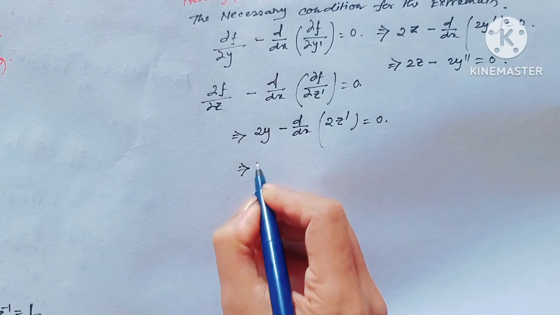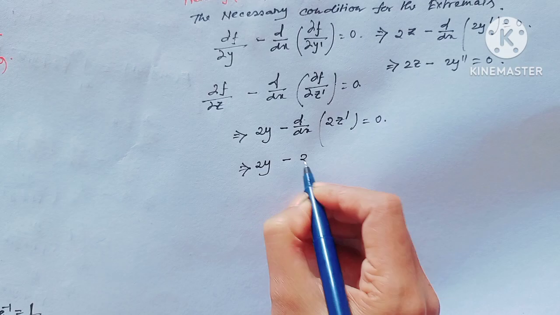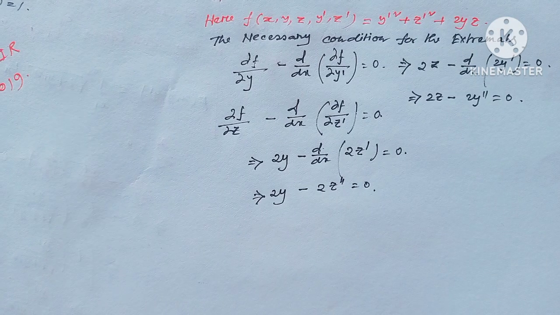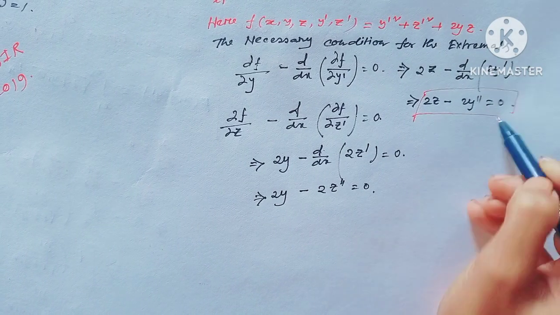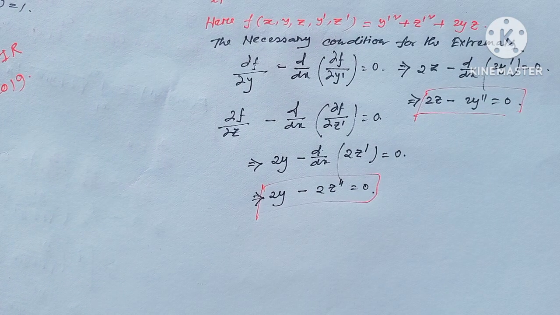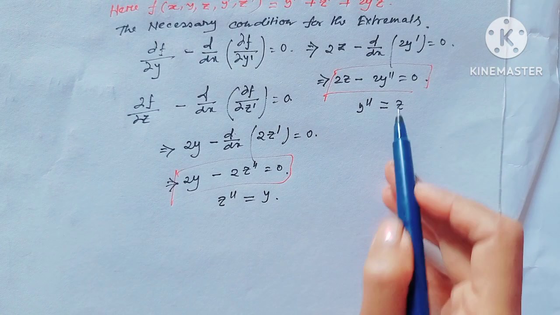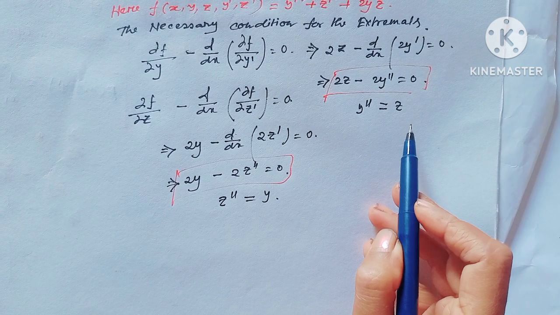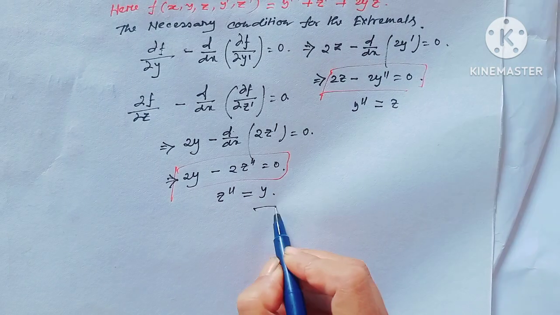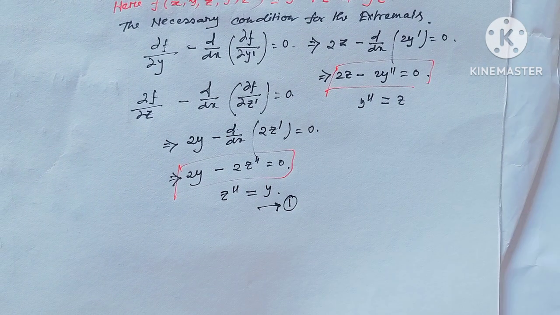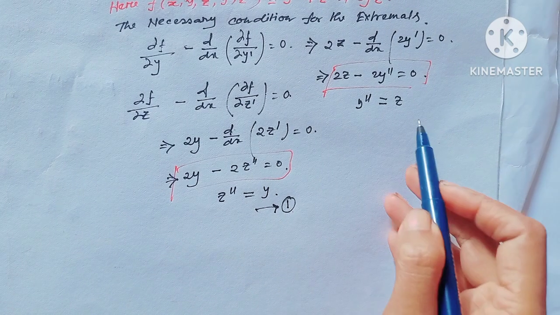That implies 2y minus 2z double dash equal to 0. Therefore, from these equations we can write: z double dash equal to y, and y double dash equal to z. Just write this as equation 1. Now put the value of 1 here.